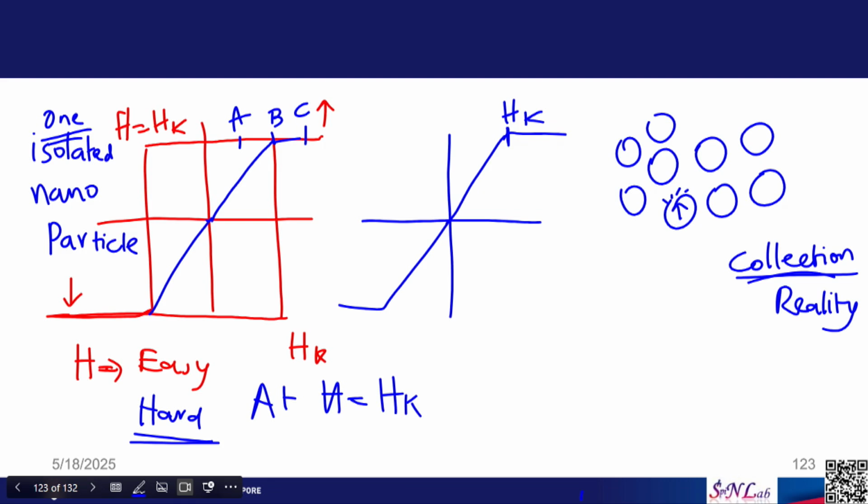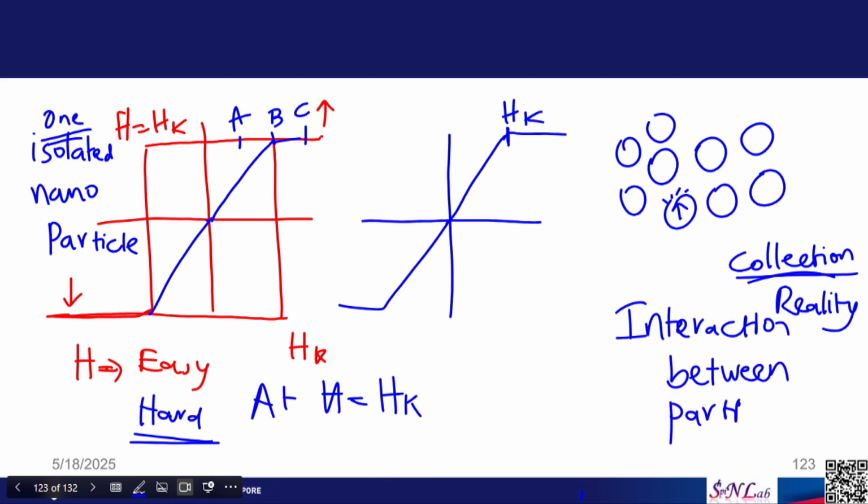So, when you have a collection, there is interaction between particles. This is a Stoner-Wohlfarth system, because each particle is a single domain and they are isolated from each other, but still there is some interaction between these particles.